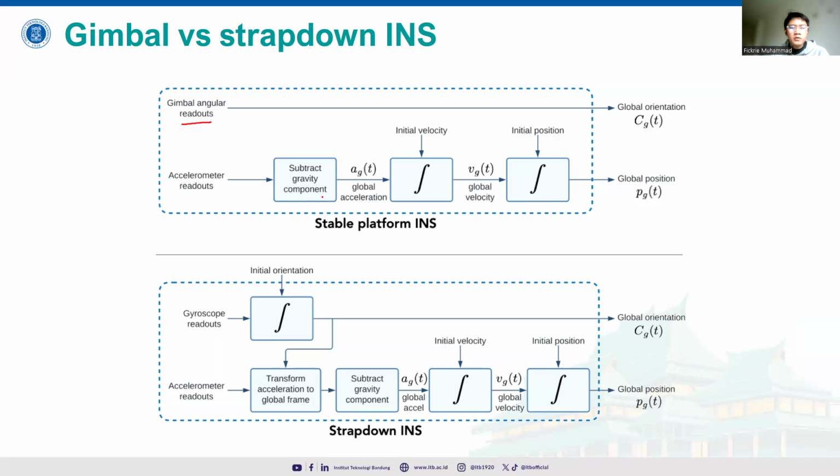The acceleration due to gravity is subtracted from the raw accelerometer data, leaving only the net accelerations in the global frame. And then if we integrate two times, we'll have the initial positions and then derive the global positions. So at the end we'll have the global orientations and the global positions using the stable platform.